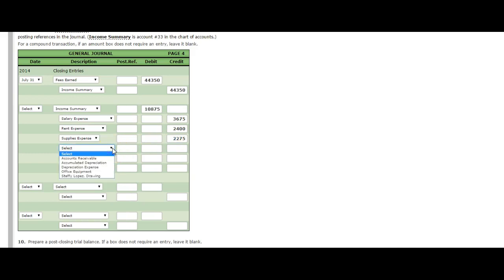I'm going right off your worksheet. Depreciation was 750. Insurance was, what was insurance? 375. The final one, miscellaneous, for 1,400. Those should add up to 10,875. So these two are done.